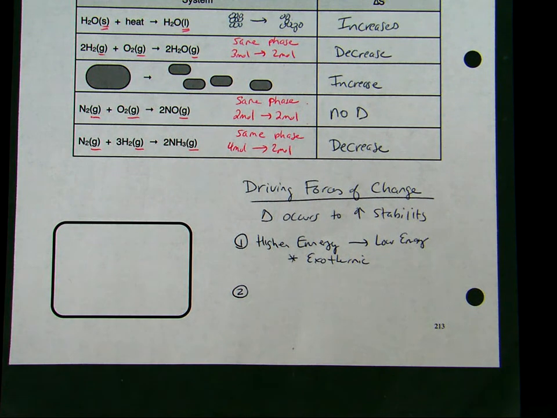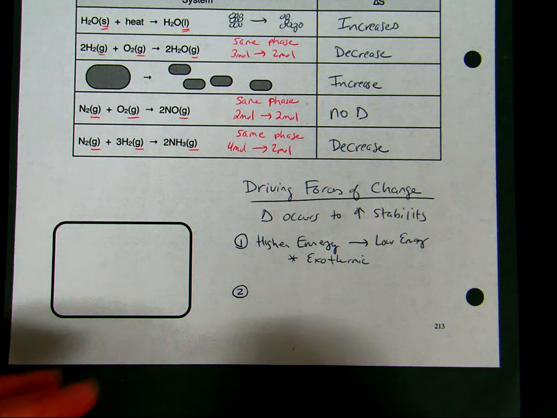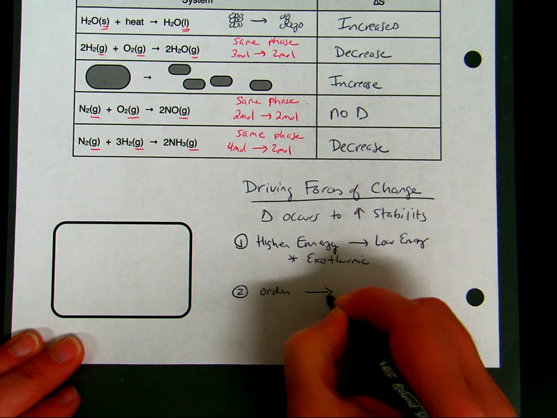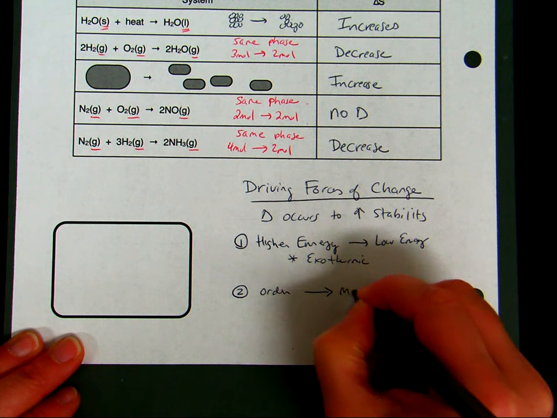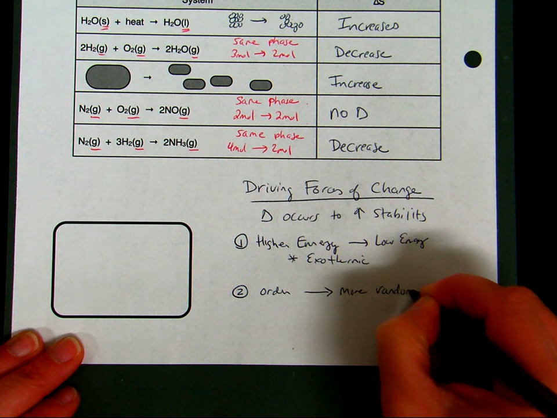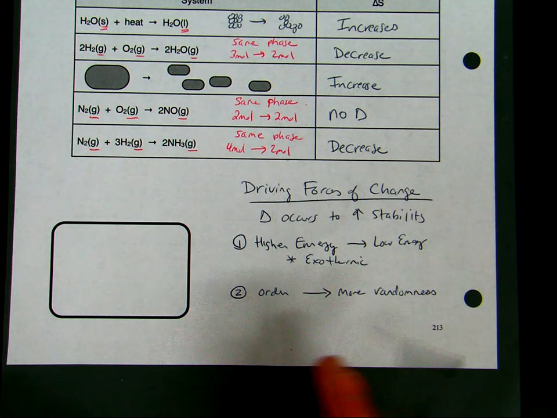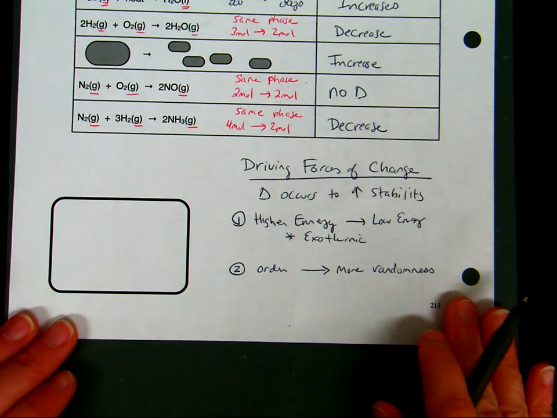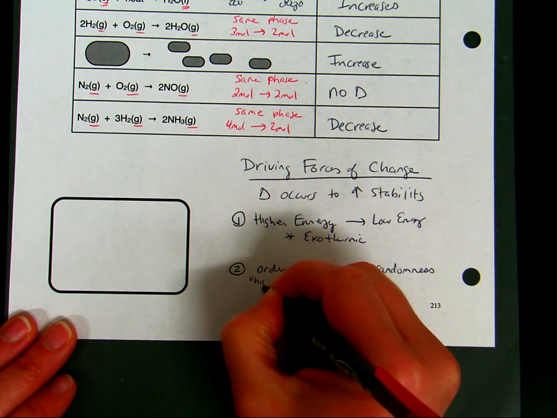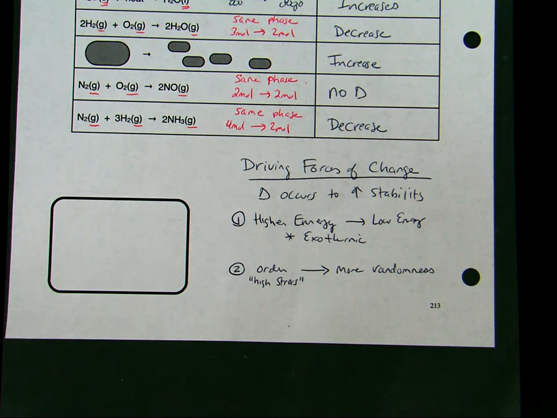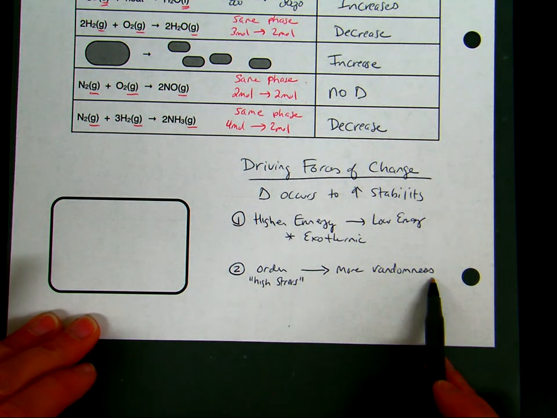So the other reason why a change will occur naturally around us is that it will go from order to more randomness. A system that keeps complete order is typically under high stress. So when you have to maintain complete order, it's high stress. The system wants to relieve that stress, so it allows more randomness to occur.